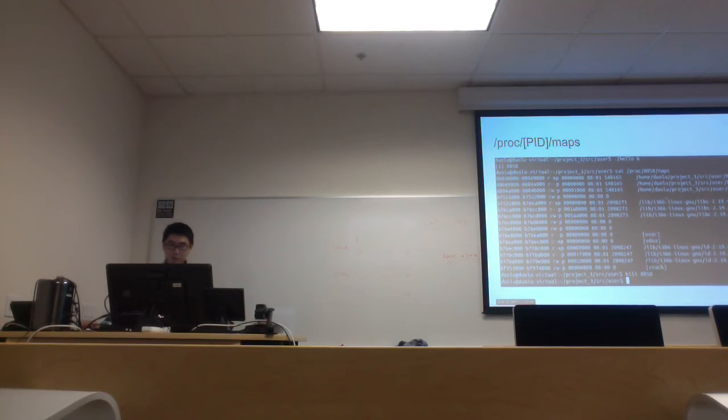You can see there are a few segments with read, not write, but execute permission. This is the text or code segment, and this is the starting address and this is the end address of the code segment.